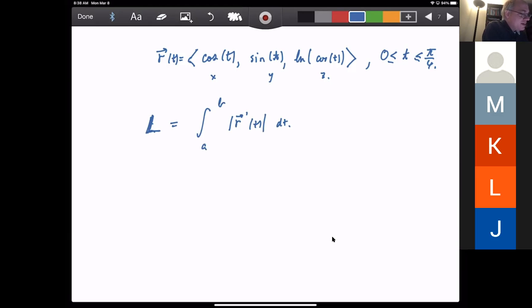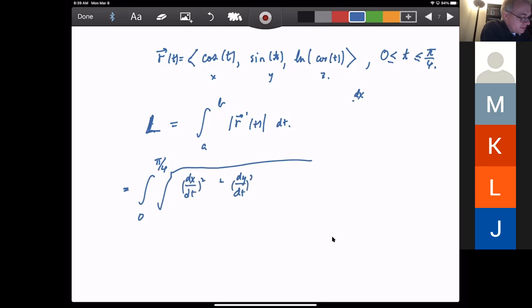You integrate the speed to get the total distance traveled. So we're going to go 0 to pi over 4, and the square root of dx dt squared plus dy dt squared plus dz dt squared.